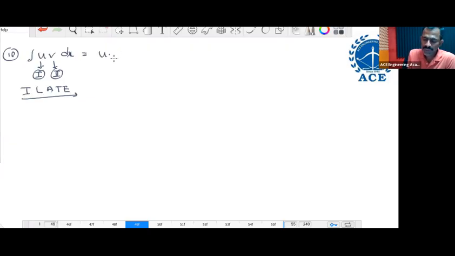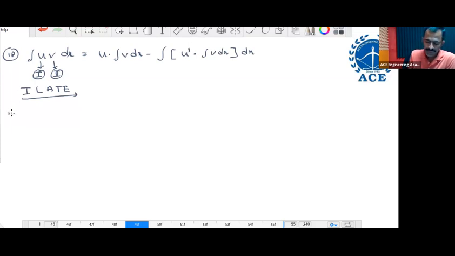First function into integral of second function, minus the integral of first function derivative into integral of second function, again whole function dx. This is u dash.